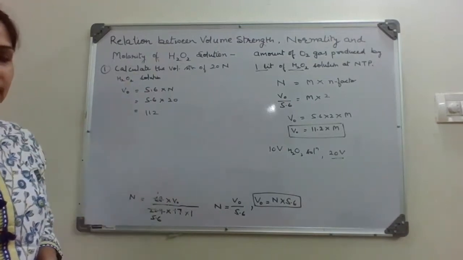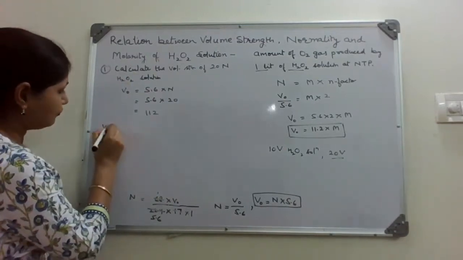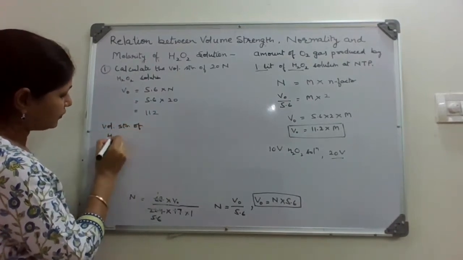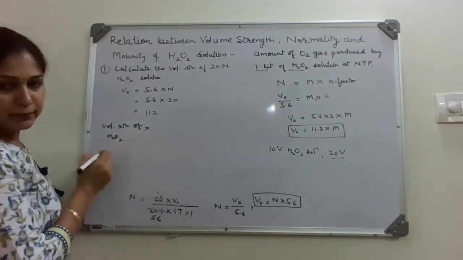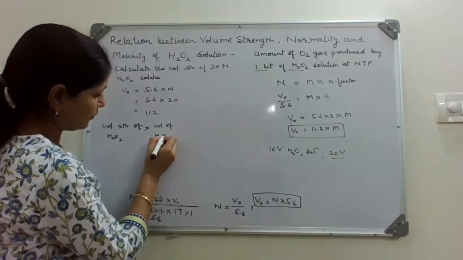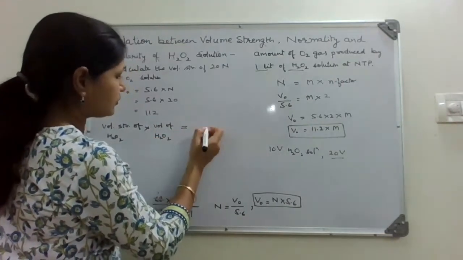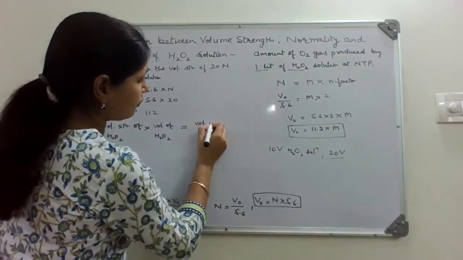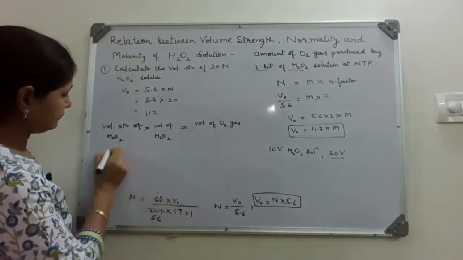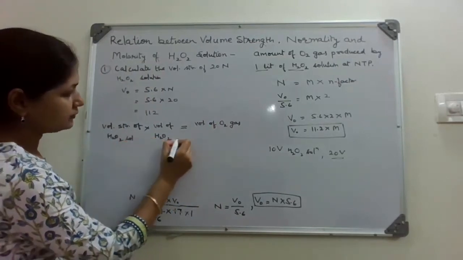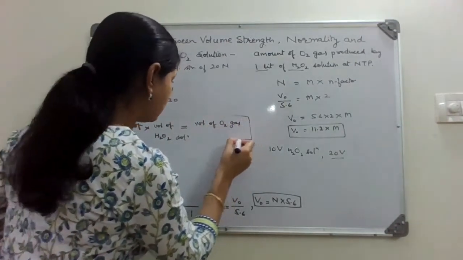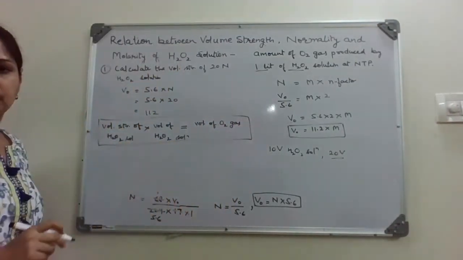So from here we can say that volume strength of hydrogen peroxide multiplied by volume of hydrogen peroxide solution is equal to volume of oxygen gas produced. This formula we can also use in the numericals.